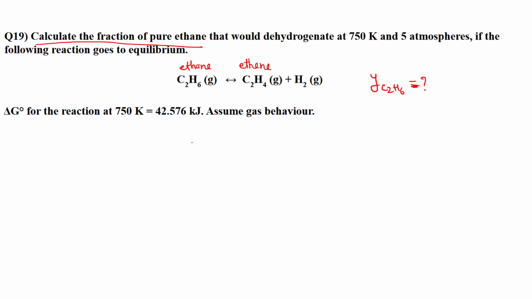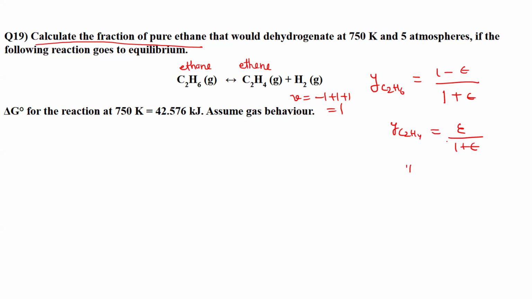So assuming 1 mole of ethane was there initially, now I will write y of C2H6 is equal to 1 minus epsilon by total. 1 mole was there initially, and mu is equal to minus 1 plus 1 plus 1, equal to plus 1. So 1 plus epsilon is the total. And for y of C2H4 equal to epsilon by 1 plus epsilon, and y of H2 equal to epsilon by 1 plus epsilon.